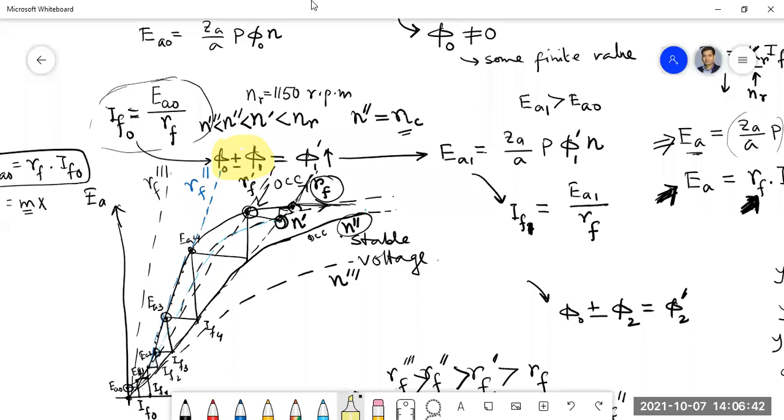Now if that is subtractive, then what can we do?